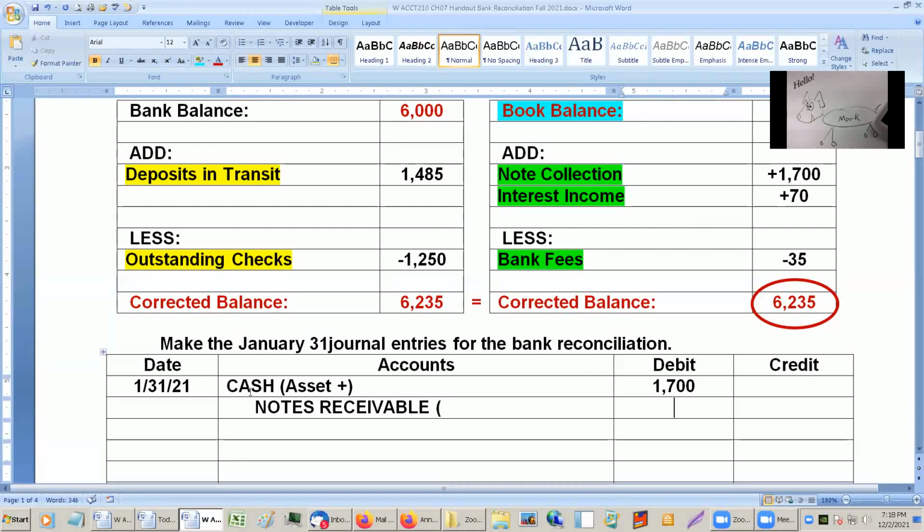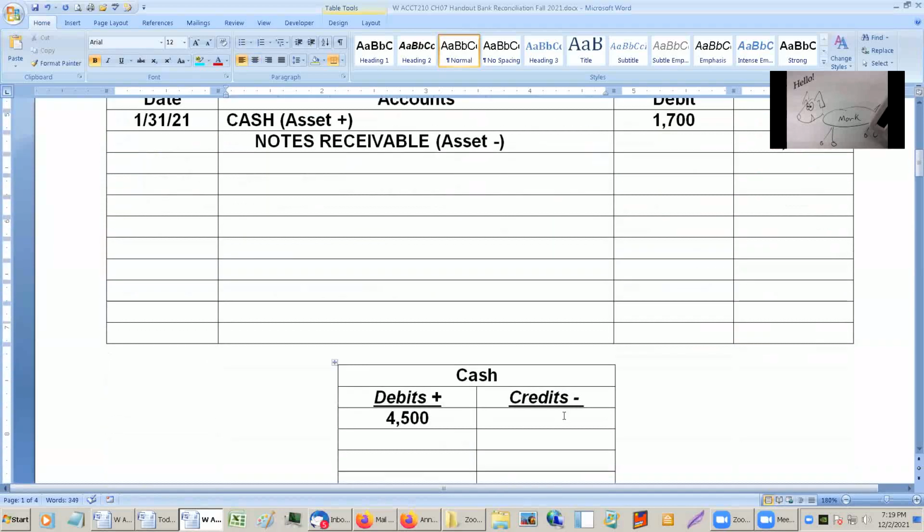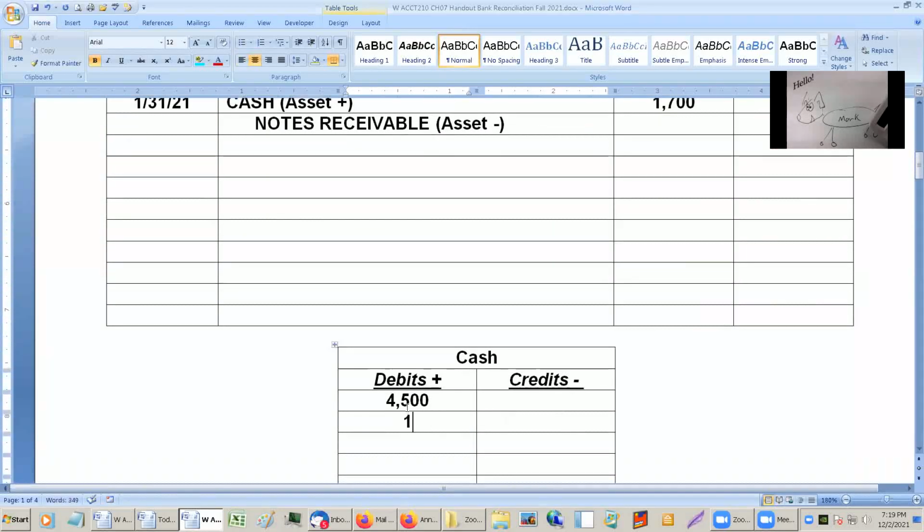So this is actually an asset going down, $1,700. So when we make this journal entry, down here, we're going to put in 1,700 on the debit side.